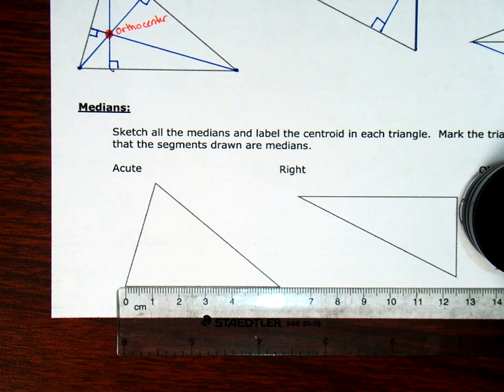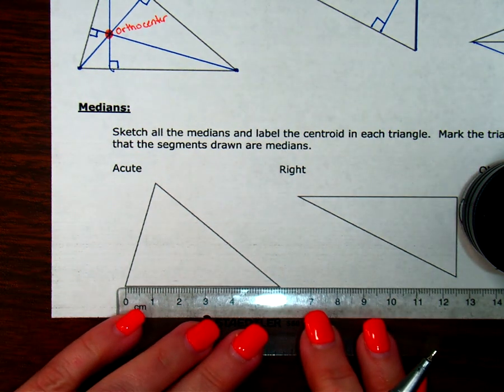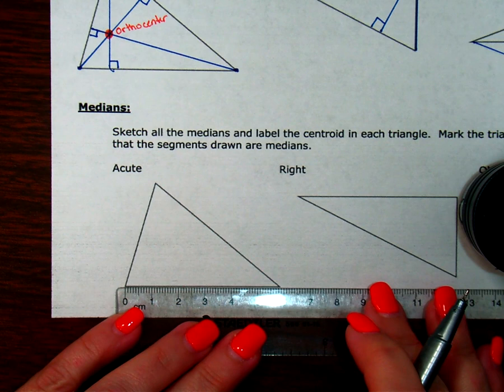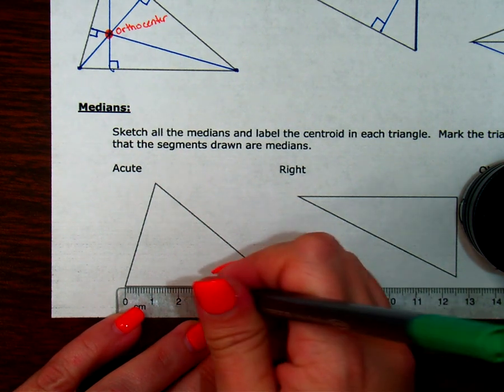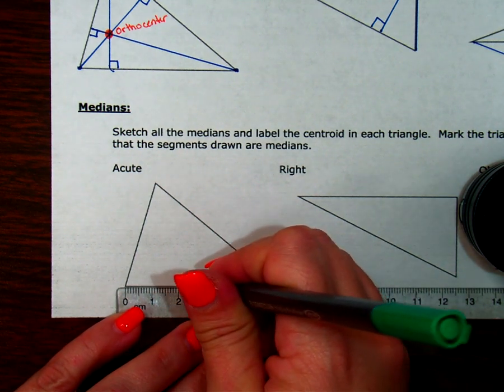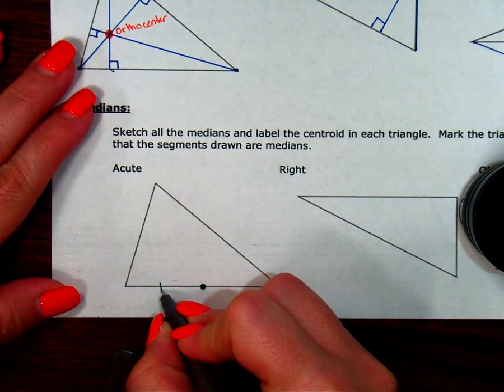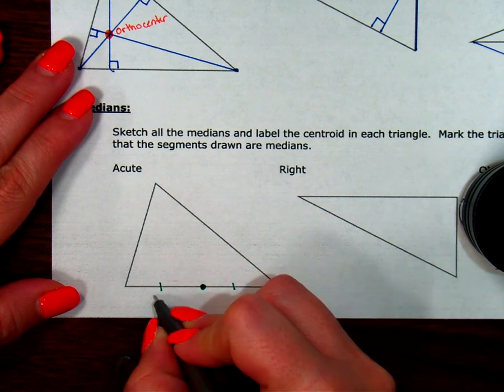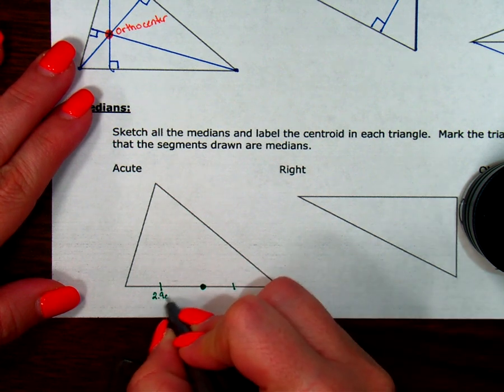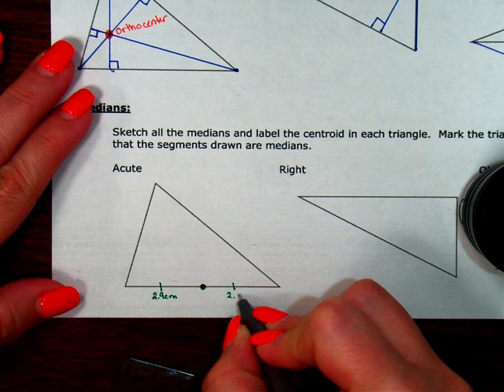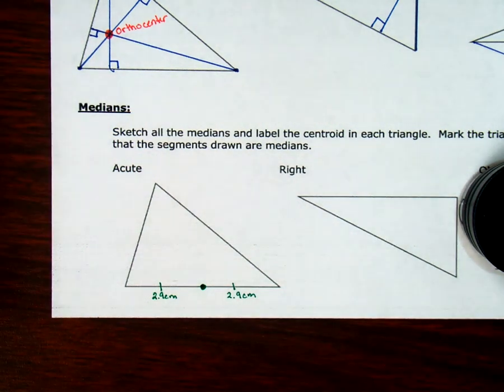And I want to know what exactly half of 5.8 centimeters is. 5.8 divided by 2 is 2.9 centimeters, which is going to be almost at 3, right here. Okay? And I'm going to mark this as a midpoint here and here. And I can even write that this is 2.9 centimeters and this is 2.9 centimeters.